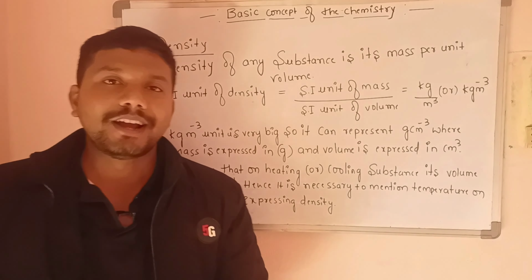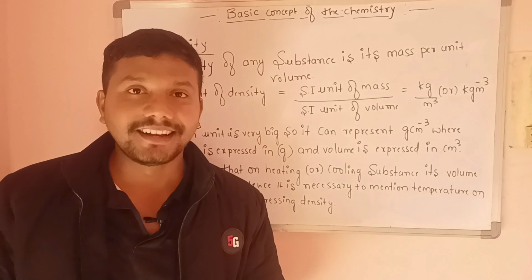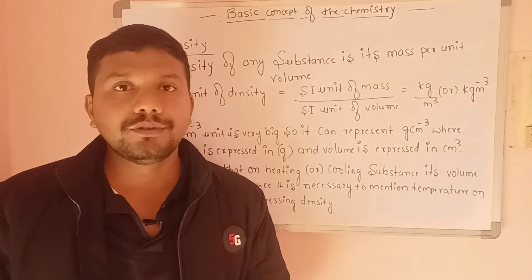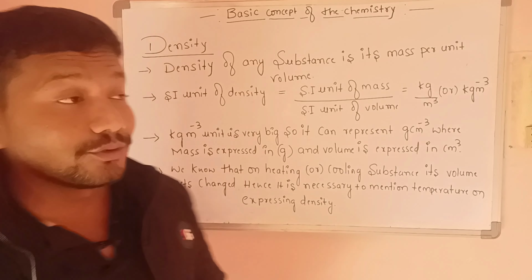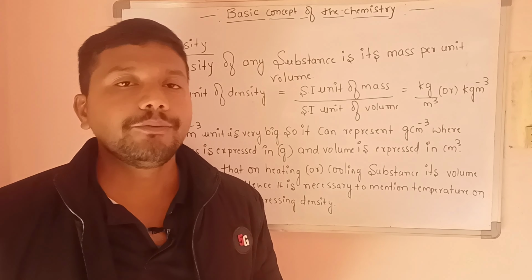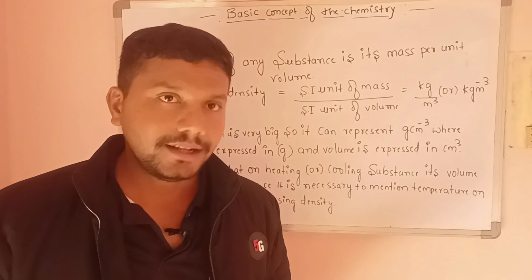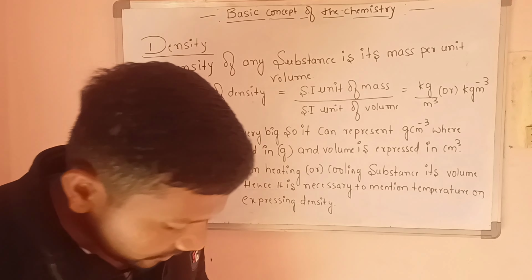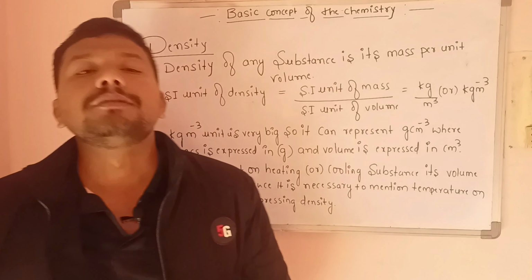In the last class we already discussed mass and now volume. To understand density, we should know about mass and volume. If you know the mass and the volume, we can easily understand density. I will give one example.